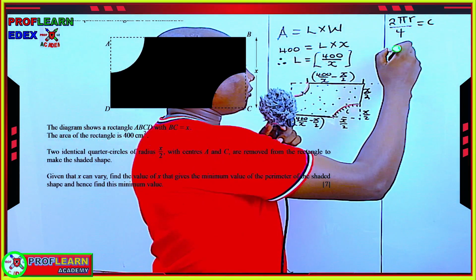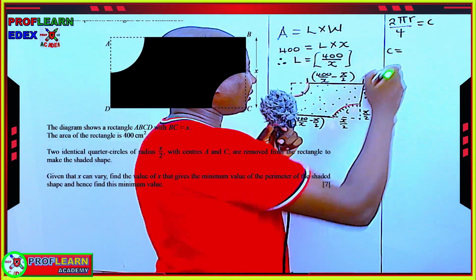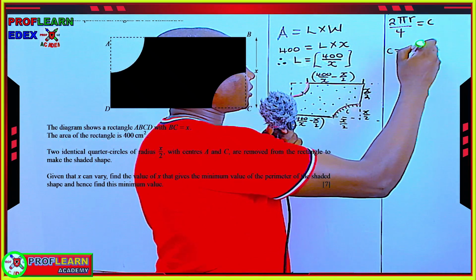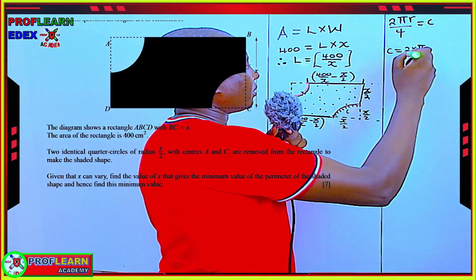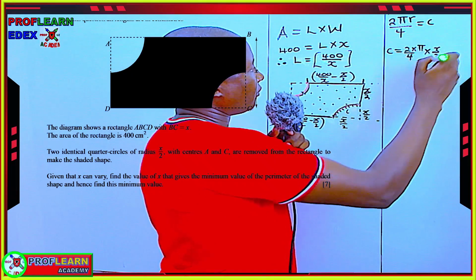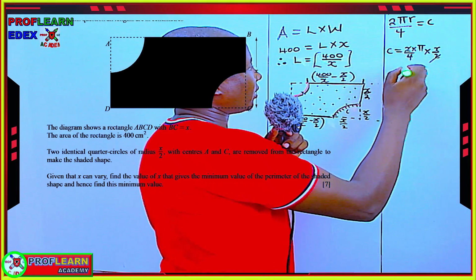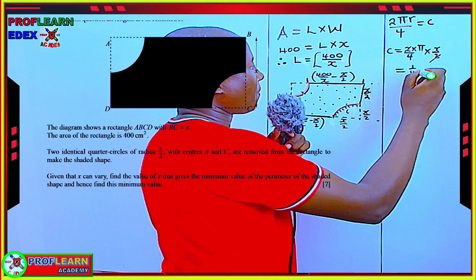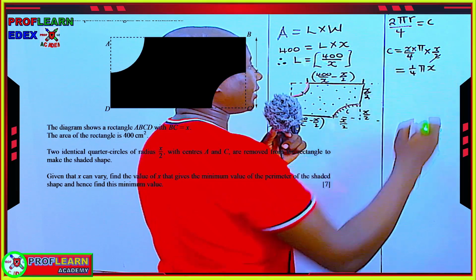So we are going to say therefore that this distance c, that's the one I'm referring to, is 2 times pi over 4 times the radius. The radius is x over 2. This and this will cancel out, and then we're going to have 1 over 4 pi x.